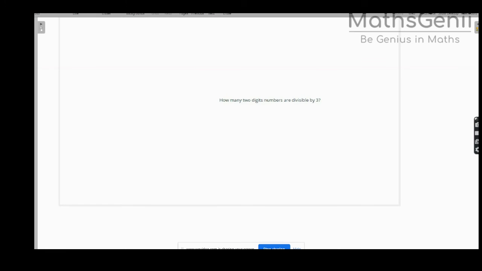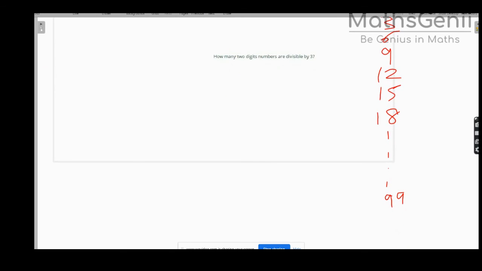You count the 3 table and you will get the answer. 3, 6, 9, 12, 15, 18, and so on till you go to 99, and 99 plus 3 gives you 102.